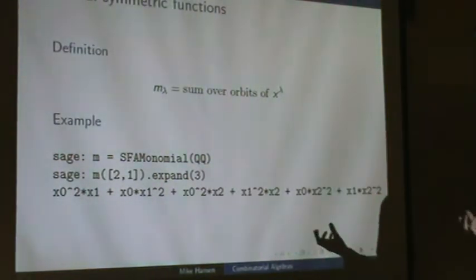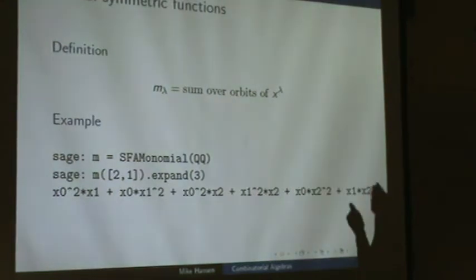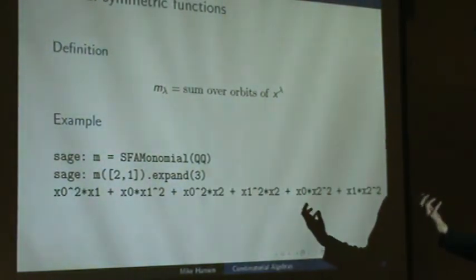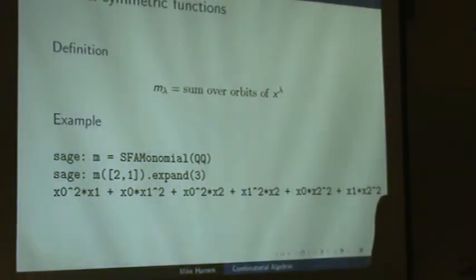Because this polynomial is symmetric, then if you interchange any of those variables, that also has to be a term there. So if x1 squared times x2 is a term, then x2 squared times x1 also has to be a term.